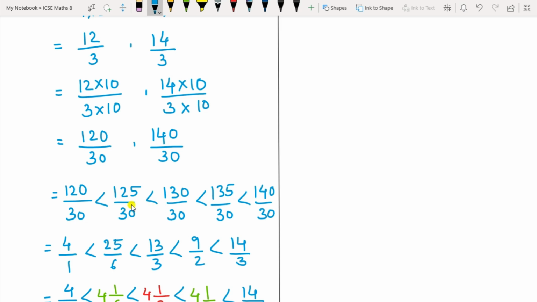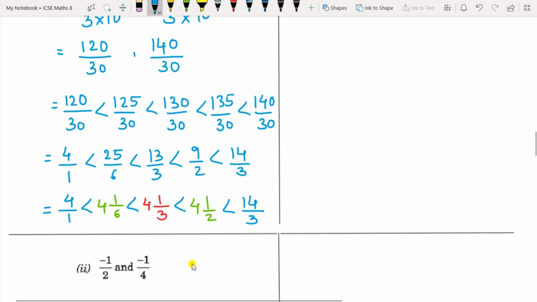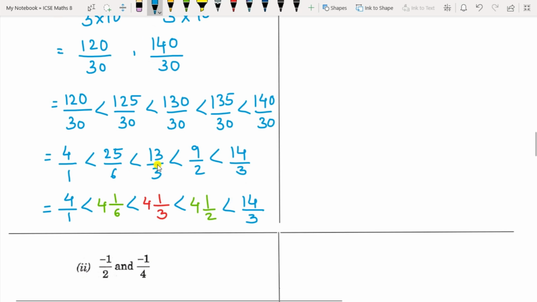Okay, now I wrote them as 125 upon 30, 130 upon 30 and 135 upon 30, and since we can convert them into standard form after cancelling, you get 25 by 6, 13 by 3 and 9 by 2. Then they are in the form of improper fractions, so convert them into mixed numerals, that is 4 1 by 6, 4 1 by 3 and 4 1 by 2. So these are the three rational numbers between 4 upon 1 and 14 upon 3.